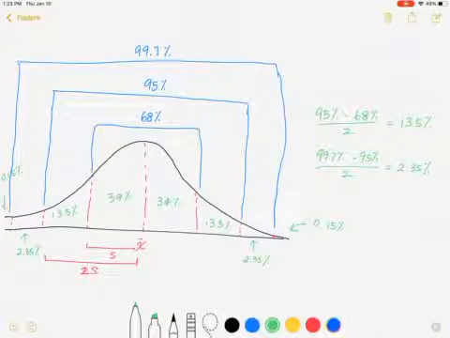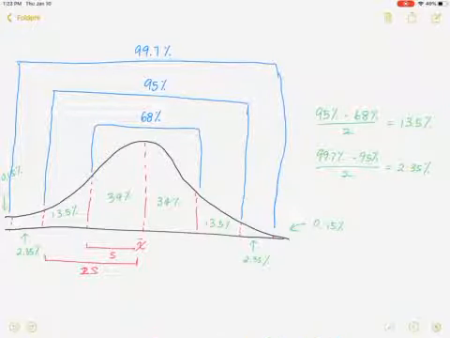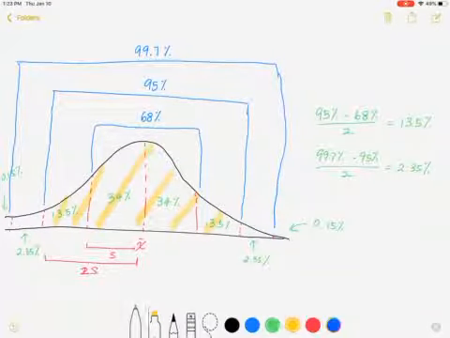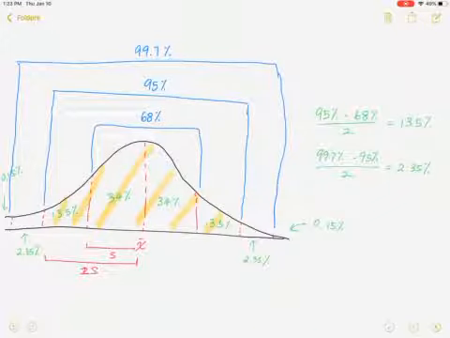Normally speaking, when we're talking about what is normal or not normal, we're normally referring to those two. So within 2 standard deviations, we can consider those are normal.